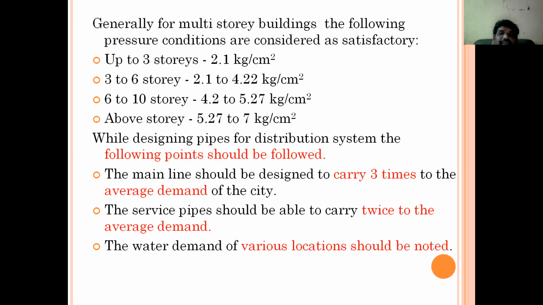See, while designing pipes for the distribution system, the following point should be considered. The main line should be designed to carry 3 times the average demand. What is the main line?